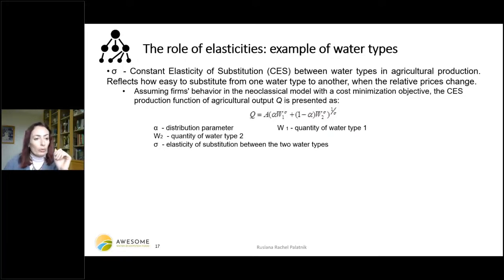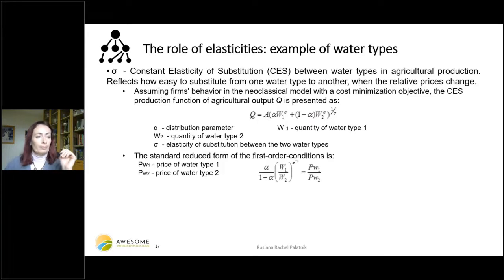Then the CES production function of agricultural output Q is represented in this general form of CES function, where alpha is the distribution parameter, W1 is the quantity of water type 1, W2 is the quantity of water type 2, and sigma, as I said, is the elasticity of substitution between any two types of water.